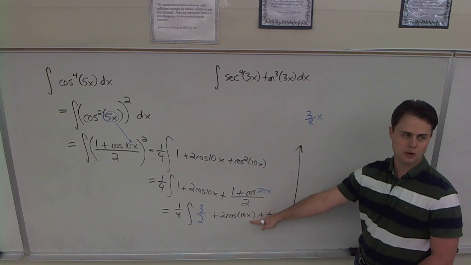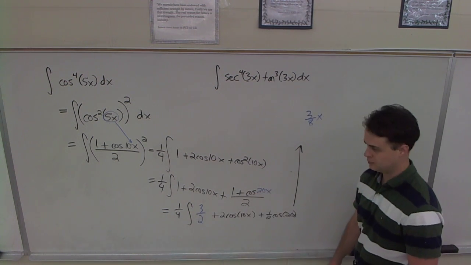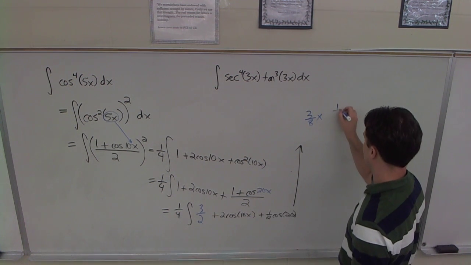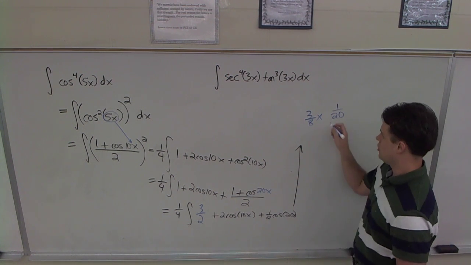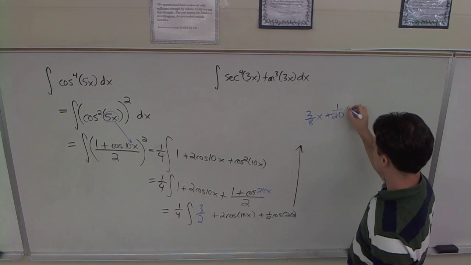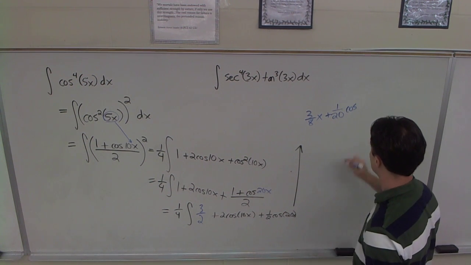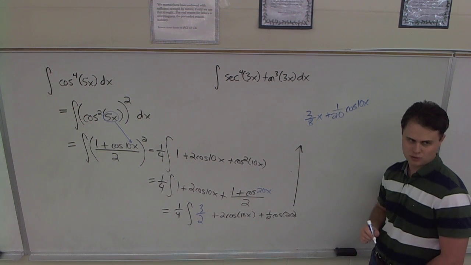And you guys help me with this one. We have 1/2, right? Chain rule, that's going to be 1/20th. Is it going to be positive or negative if we integrate cosine? Positive. Kyle's on it today. Cosine of 10x. You guys agree? Okay, be sure.